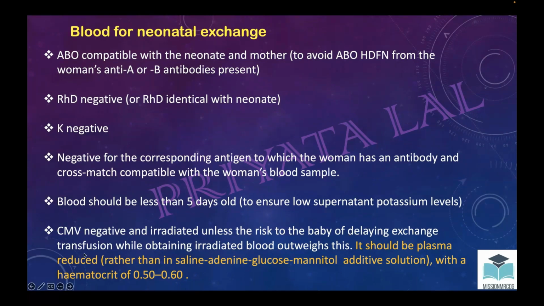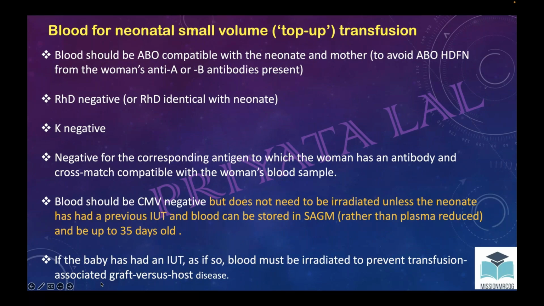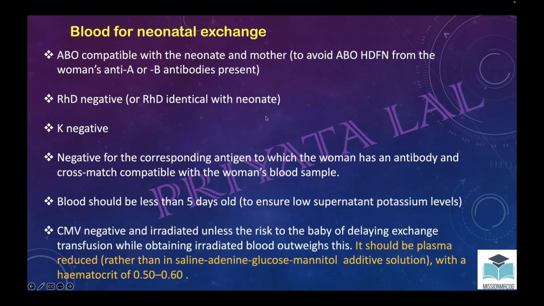Now, this is for exchange transfusion if icterus is there. If the icterus is there, usually the blood will be taken from the baby and the transfusion of blood will be done. That is the exchange transfusion, or neonatal exchange.